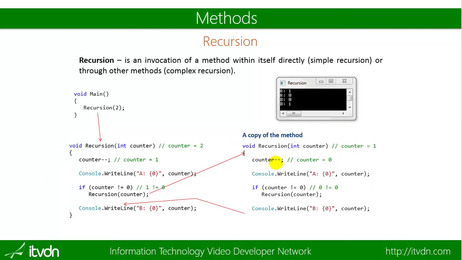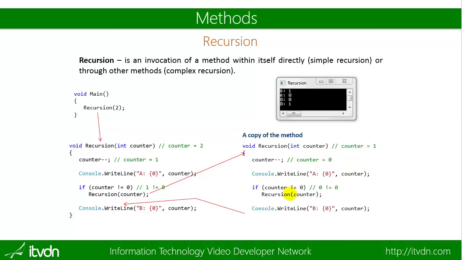Counter minus 1. Now our counter is 0. Console.WriteLine means print. What's the value of our counter in this copied method? It's 0. So we have A colon 0. You can see how the copied system works. Then it moves into the conditional.